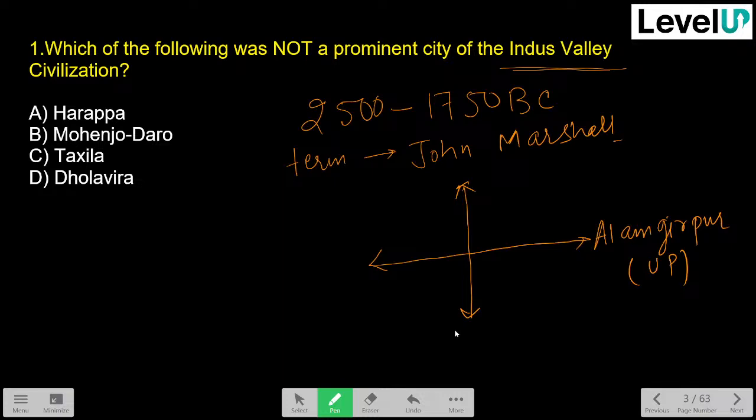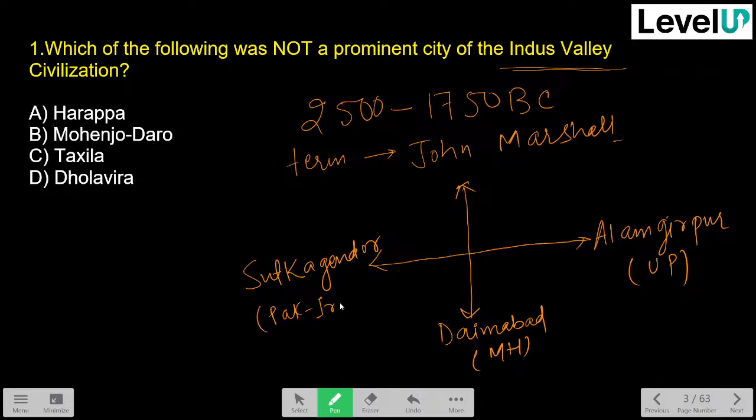The southern part is Daimabad, which is now in Maharashtra. The western part is Sutkagendor, which is close to the Pakistan and Iran border, the Pashtun region. And the northernmost part is Manda, which is present in the Jammu and Kashmir region. So this was the extent of the Indus Valley civilization.